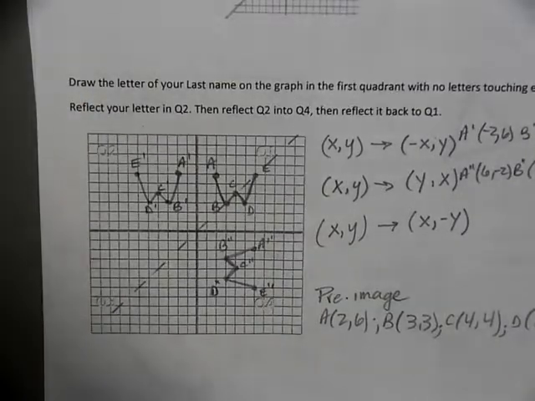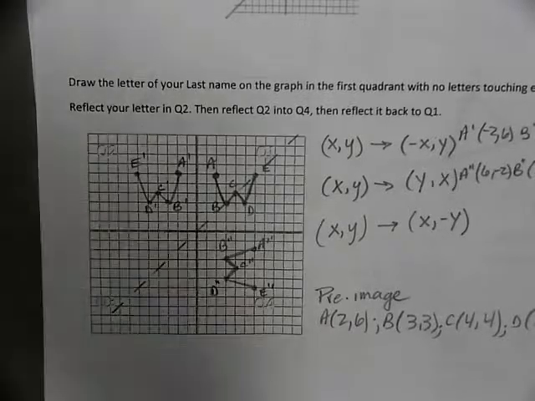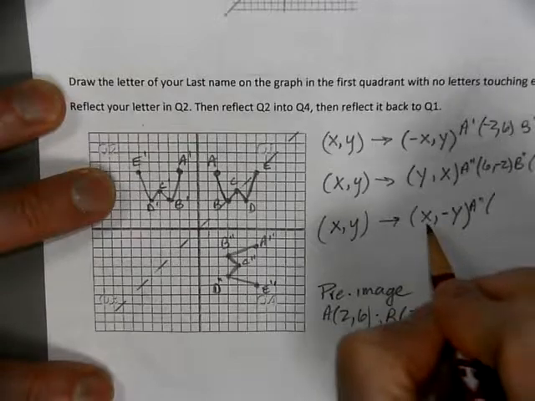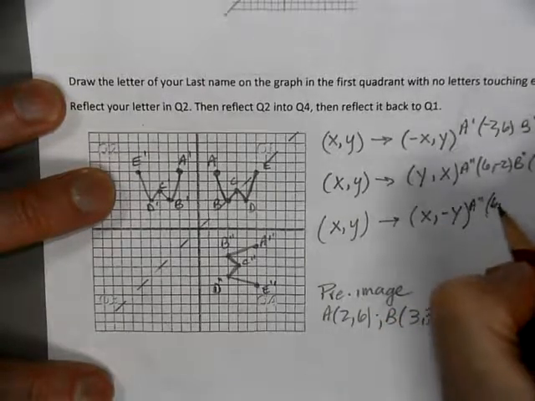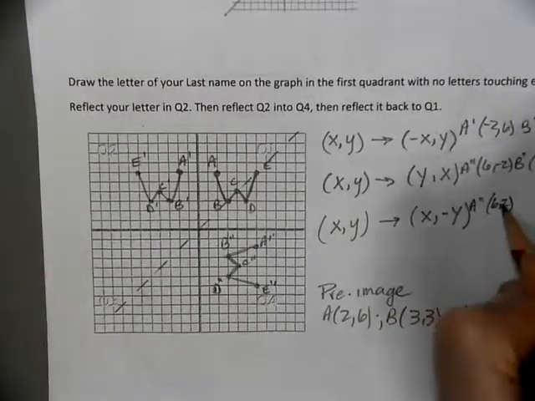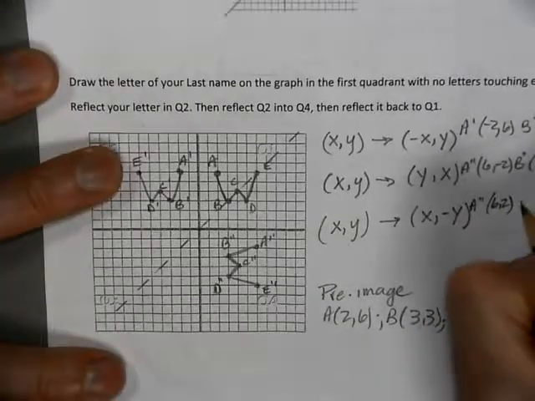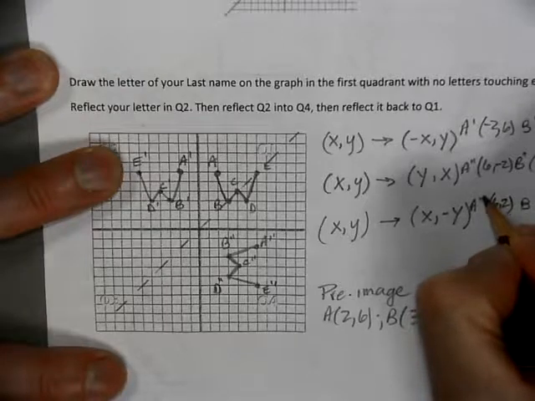Now we're going to reflect this back into the first quadrant, which for A double prime is going to be putting a negative sign, which means change the sign on the y value. So that's actually a triple prime now.